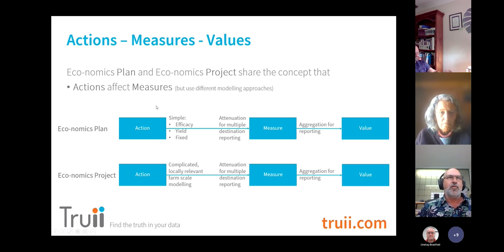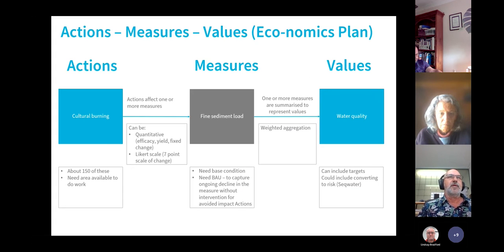So today we're going to talk about these things, collective actions, and also collectively the measures, and whether there's consistency across the measures that we care about. Think about an action and then the measures that it might impact upon.